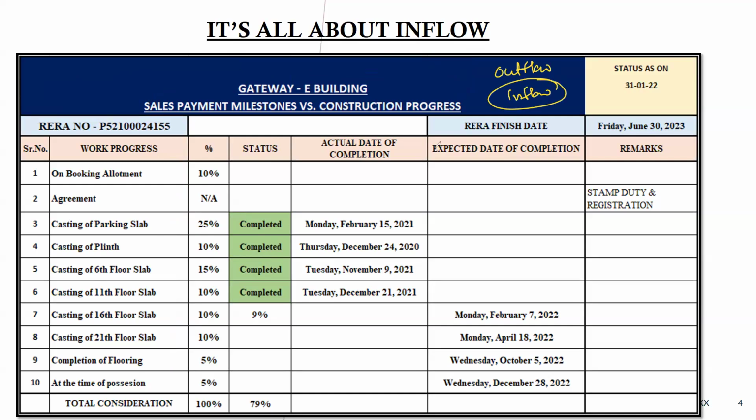Now, how do you get the inflow? By achieving some stages. Likewise, I have achieved the progress till the 11th slab, and some part of the 16th floor slab. Technically I have achieved that part, but it is not considered because I have just worked it out. But technically I have achieved 70%.